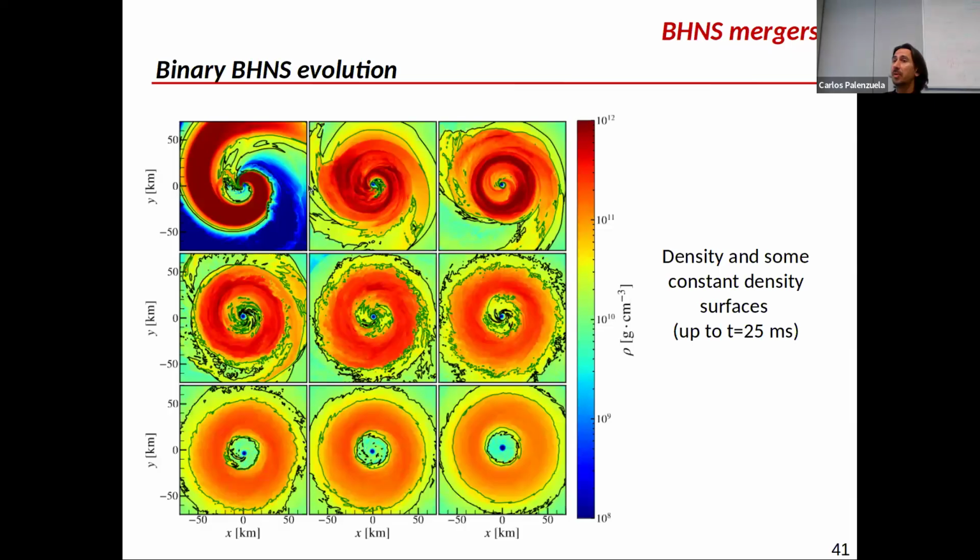After a little more than a period, the head of the tail will hit the back of the tail, and there will be some turbulence, some Kelvin-Helmholtz instability, and the tidal matter that is left circularizes and forms an accretion disk around the black hole.